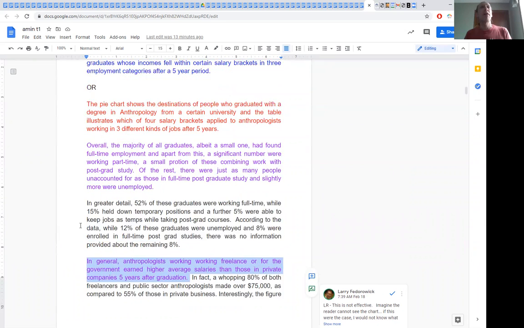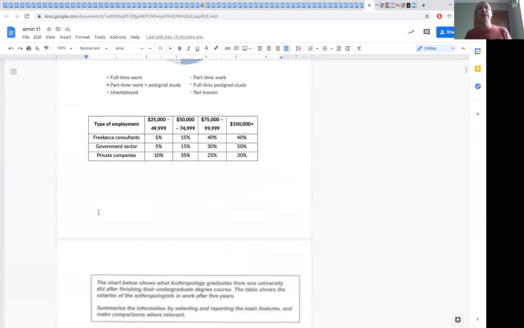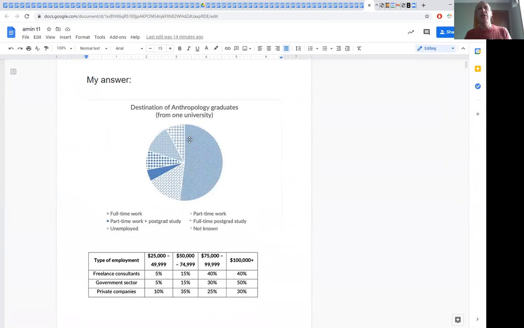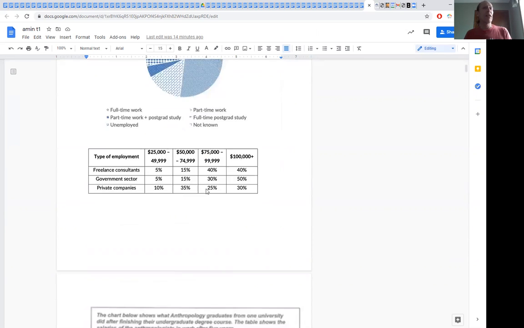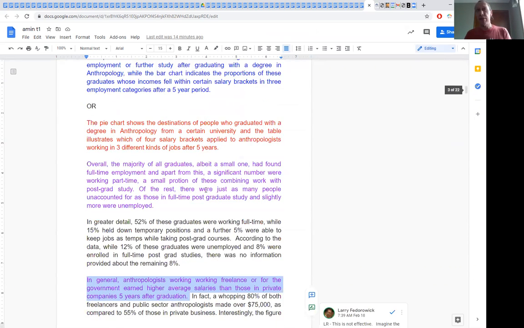Now, if we're just looking at this pie chart here, if you just say this is the highest and don't mention anything else, I don't know if that would normally fit, but you do have to consider that we're doing an overview for both things. So I think one way to save time would be to cut down on the overview. Let's look at what I have now. It's very complete.